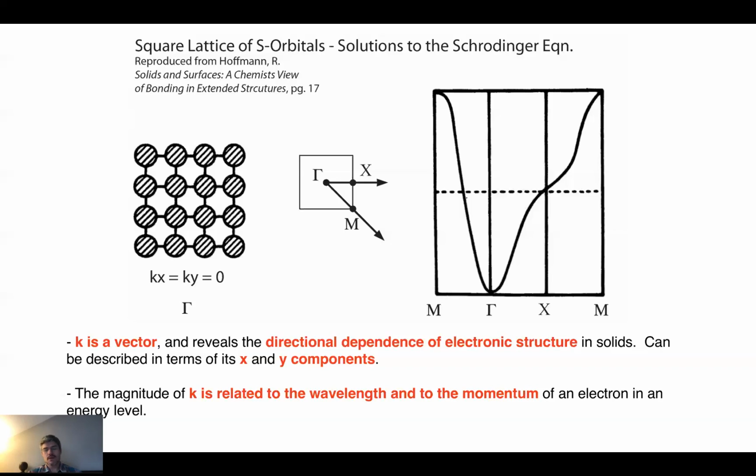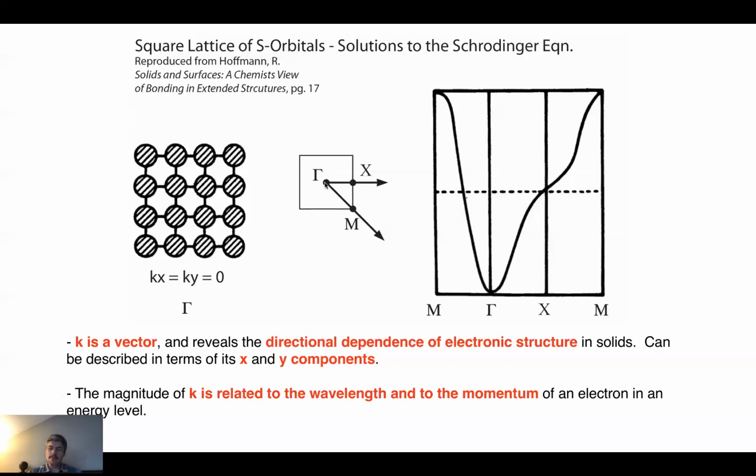Now, in order to describe this, people have taken the unit cell of the crystals of interest. In our case, it's a square unit cell, and they draw them out this way. And they look at unique directions in the crystal and express them as these arrows in this fashion. So for a square lattice, if the vector is 0 in both x and y, that particular combination of x and y is referred to as the gamma point in this diagram.